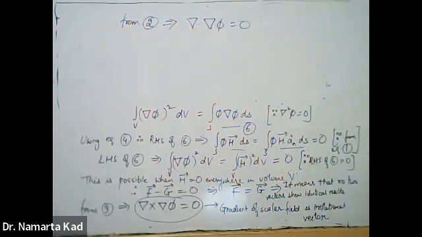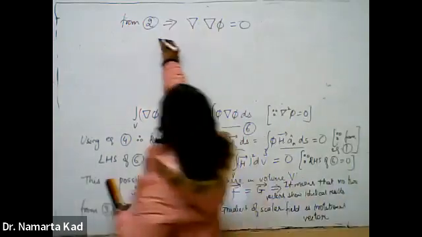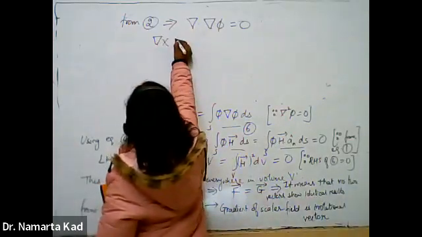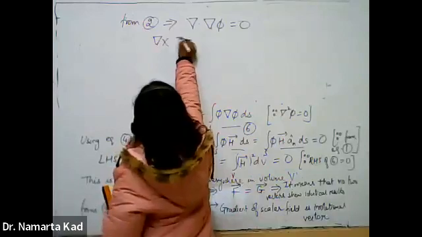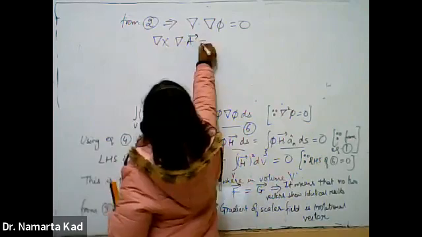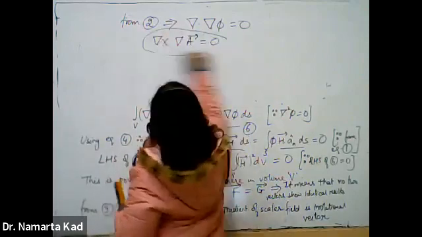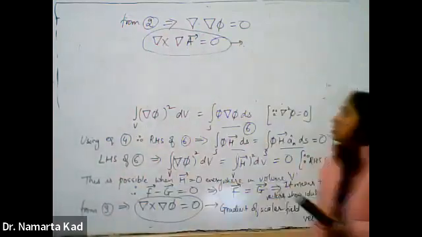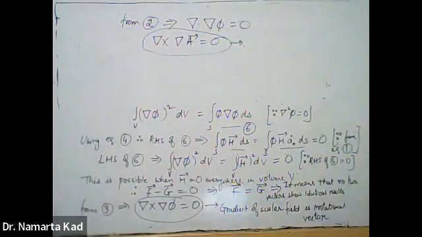That means the curl of a vector field is a solenoidal vector. And from here we have also written that del dot of curl of a vector is 0. This is also one of our identities. The curl of a vector field is a solenoidal vector.